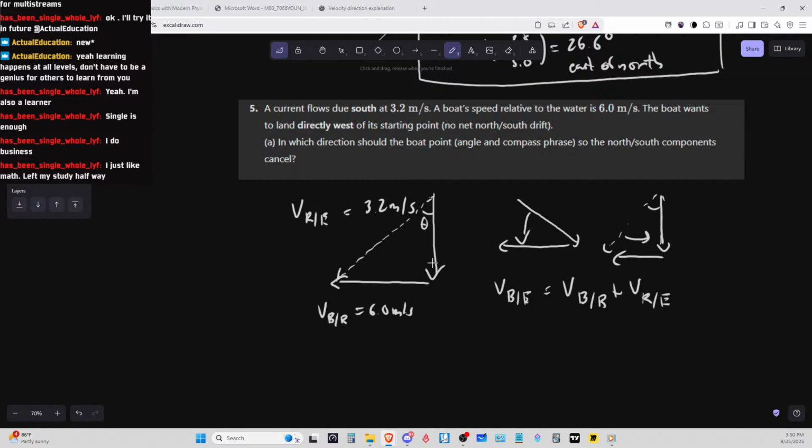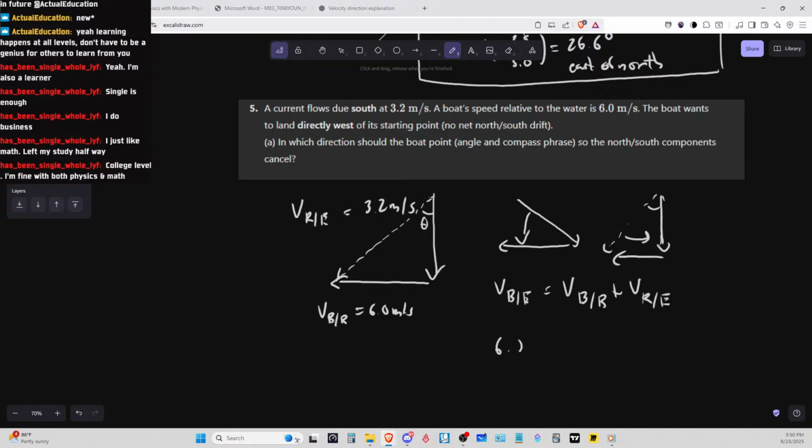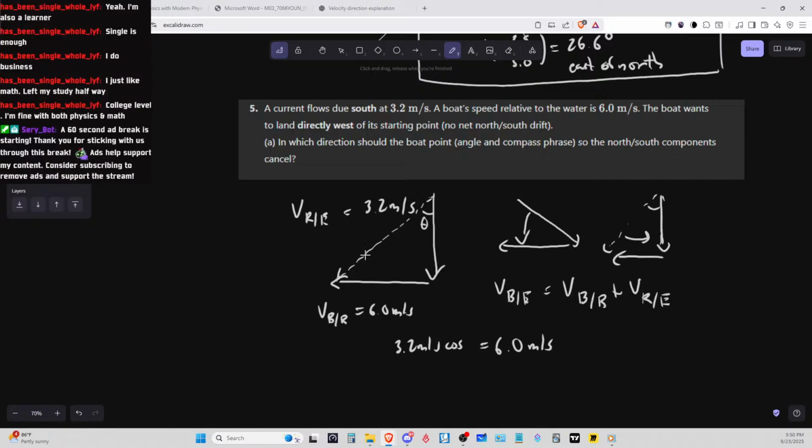So sine is here. The last one they did. So we want it to go this way. So if that's the case, let's think of how we can calculate this for cosine of theta.